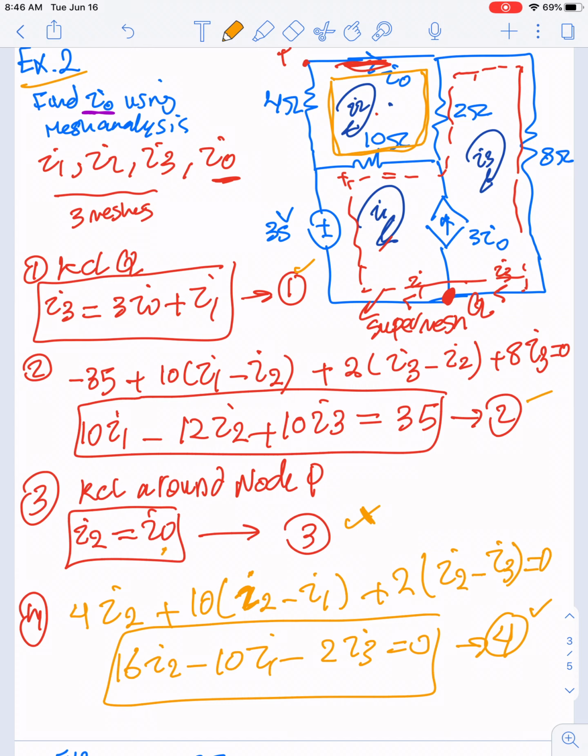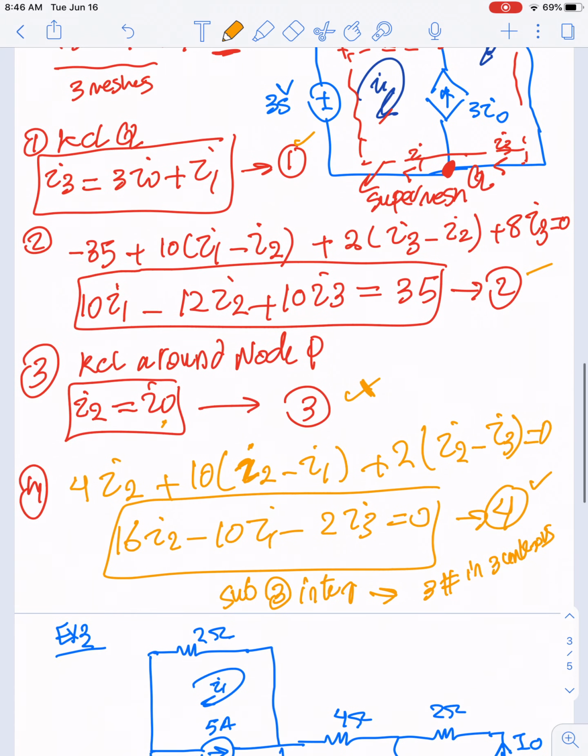So by substituting 3 into 1, you will get only 3 equations in 3 unknowns. Okay, so 3 equations, 3 unknowns, so we will be able to solve it.